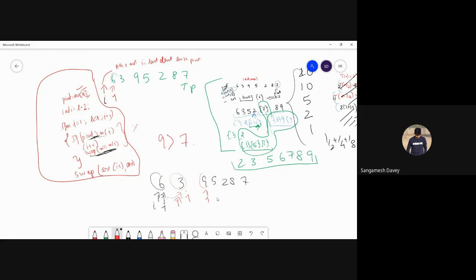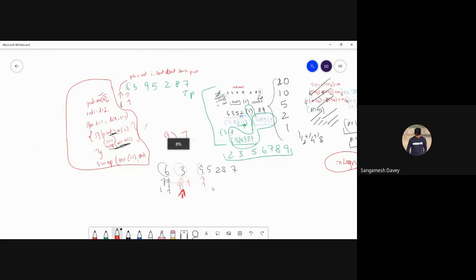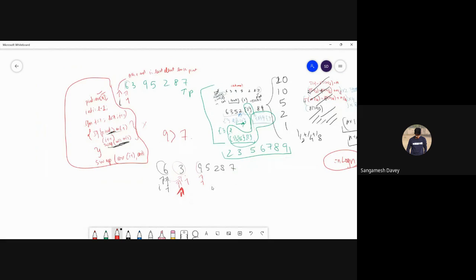Only j++ will happen. So i is still stuck over here, and j is here. I will just increment j. So I'll have 6, 3, 9, 5, 2, 8, 7. i is still stuck over here, but j has moved on to 5.